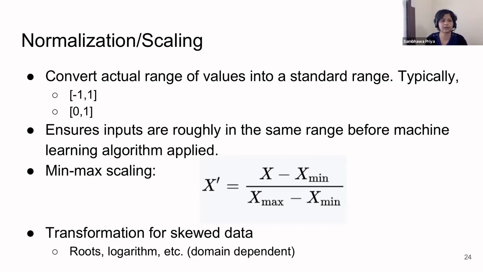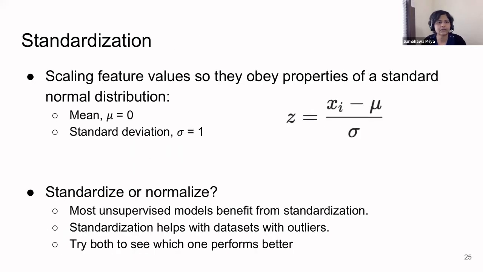And then there's standardization. This refers to scaling feature values so that they obey the properties of a standard normal distribution, where you take the mean to be 0 and the standard deviation to be 1. The question is whether you want to standardize or normalize.